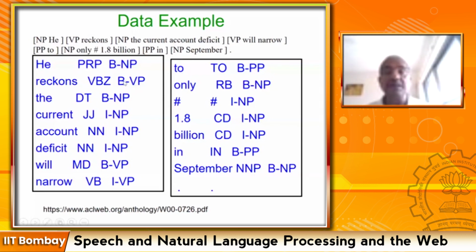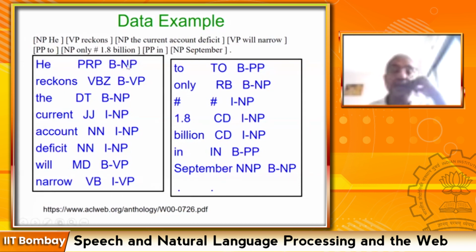This means reckons begins a verb phrase. Now he was beginning a noun phrase. Where is its end? One is naturally asking, where is the end of this? Okay, its end comes when another B appears. Okay, so a chunk which begins with B goes up to that position before the next B.